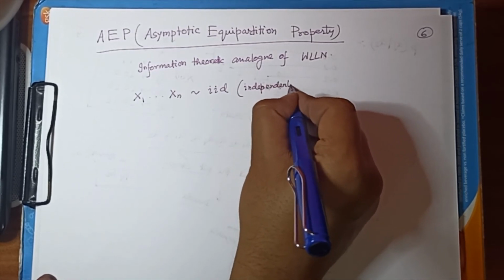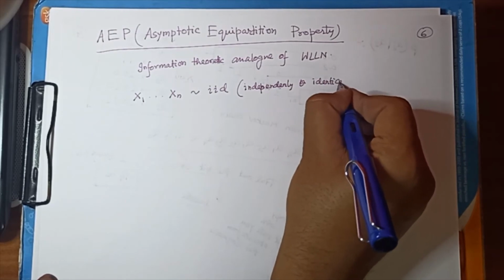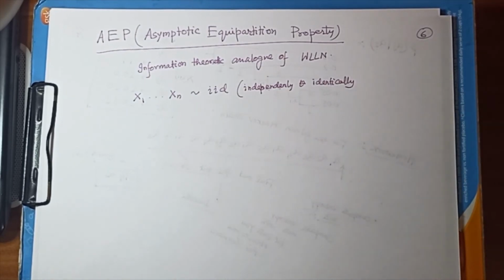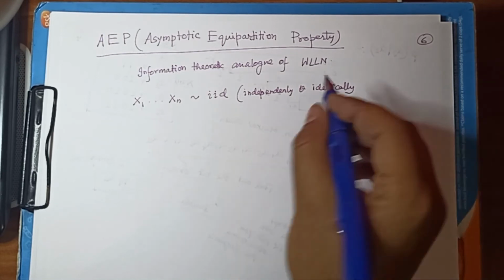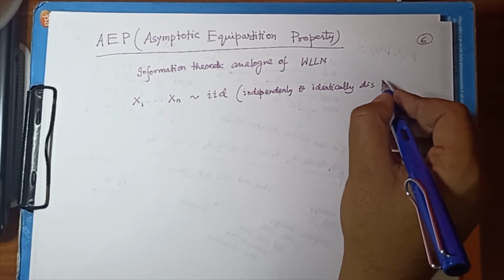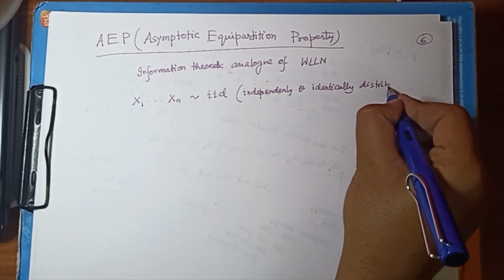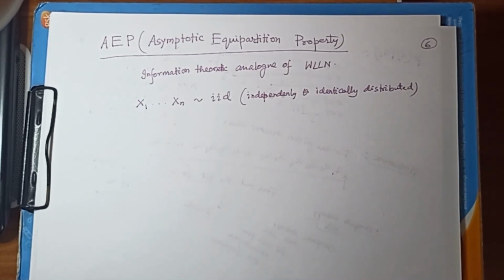So our source output, our quantization output, those random variables, if that is a discrete memoryless source, you can assume them to be independently and identically distributed. All are having the same PMF and they are independent. Markov will be different. Markov is not independent, but DMS are independent.